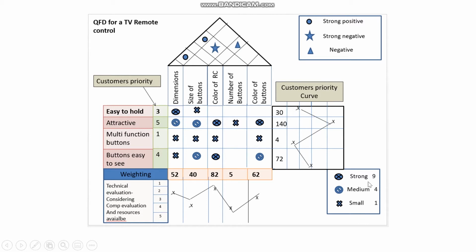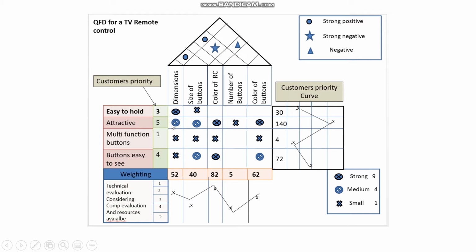Strong I can take as 5, medium as 3 and small as 1, and even strong I can take as 9, medium as 4, and there is no restriction in taking strong, medium, small. But strong should be more, medium in between and small should be less. Instead of strong, medium, low, we can also have high, medium, low.